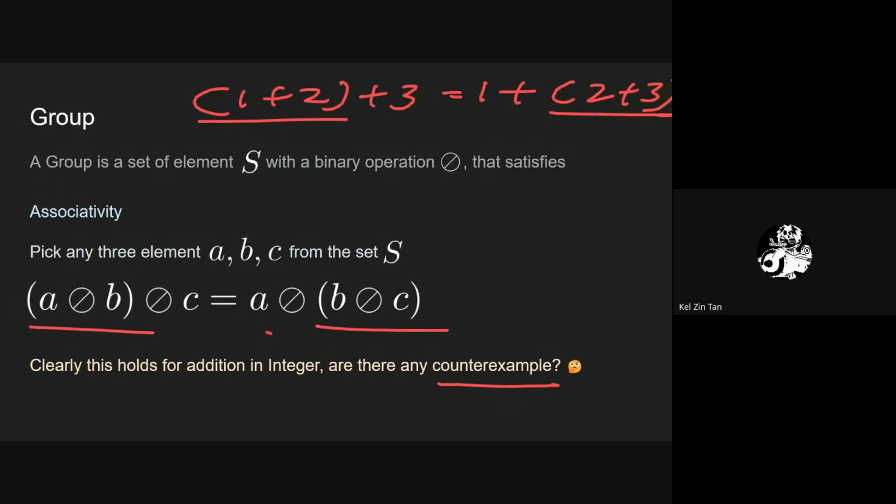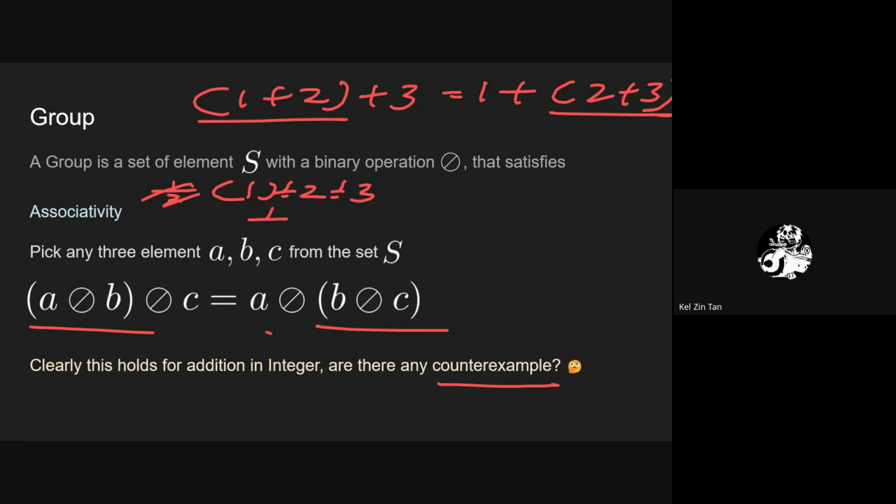So any binary operations that we have learned before, division. Division is a very simple example. For example, 1 divided by 2, divided by 3.